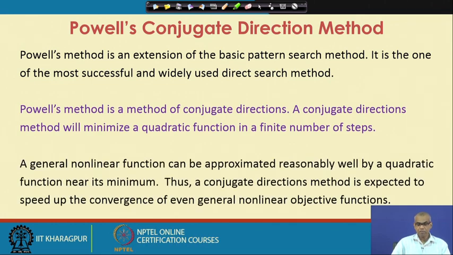A general nonlinear function can be approximated reasonably well by a quadratic function near its minimum. Thus, a conjugate direction method is expected to speed up the convergence of even general nonlinear objective functions.